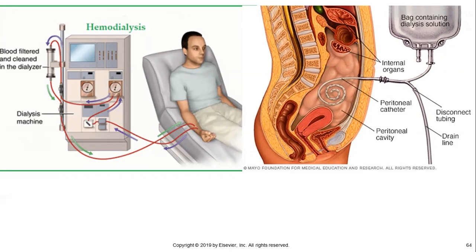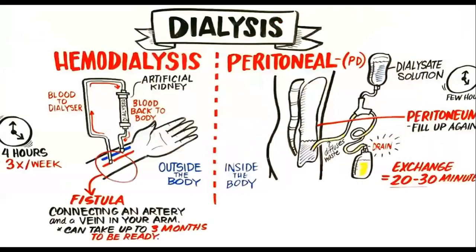Or if the patient is older, or intolerant to the anticoagulant during hemodialysis, then we go for peritoneal dialysis. Or if vascular access is difficult to make, we choose peritoneal dialysis.